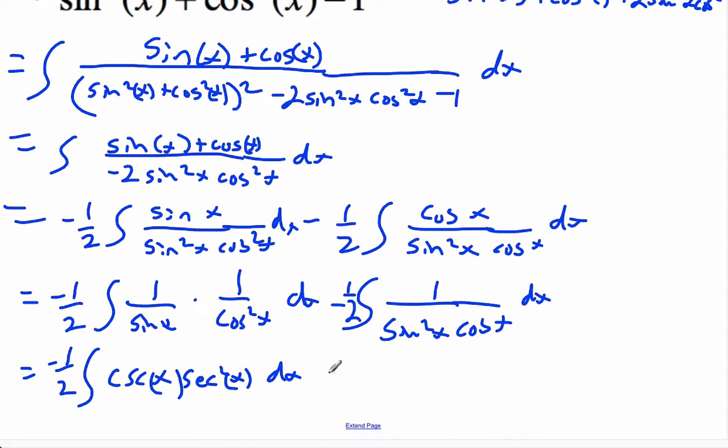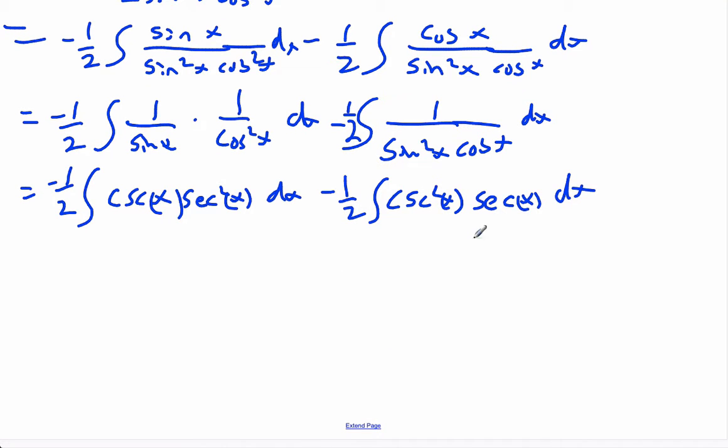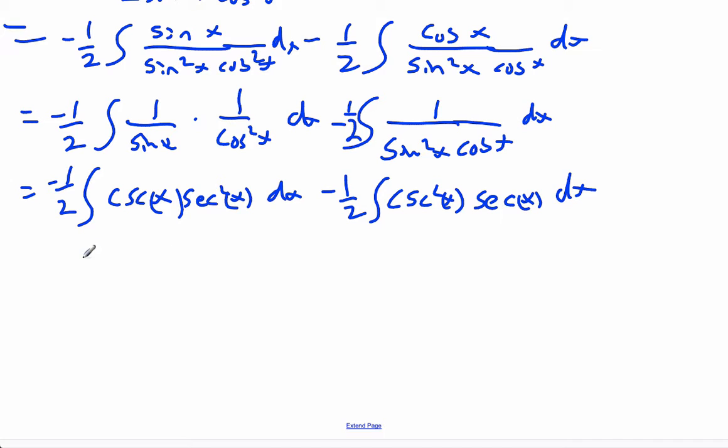Okay, and I'll rewrite this as cosecant squared x secant x. Okay, and now these two integrals I have done in a previous video, so check the links in the description below to see how to integrate these.